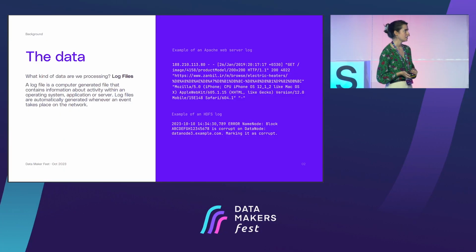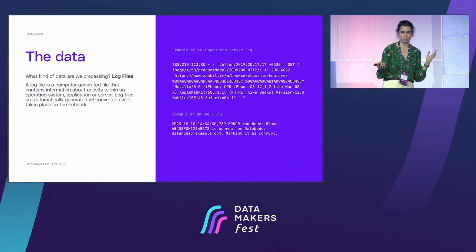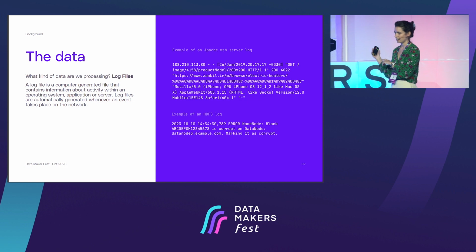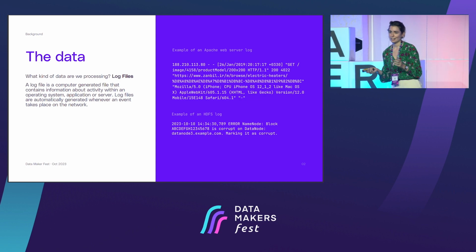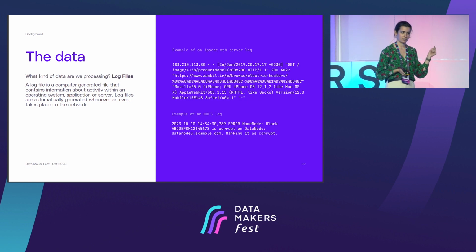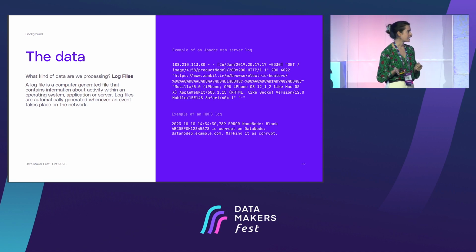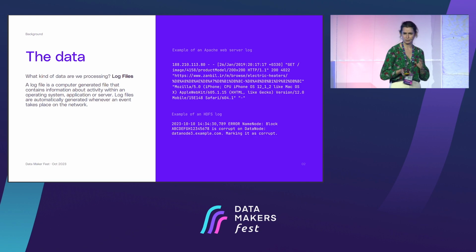To see a more specific example, the first one here in my slides is an Apache web server log. Imagine I've decided to host a website in an Apache web server, and every time I get a request, one log that has this shape is generated. I can see that I have information about the IP.